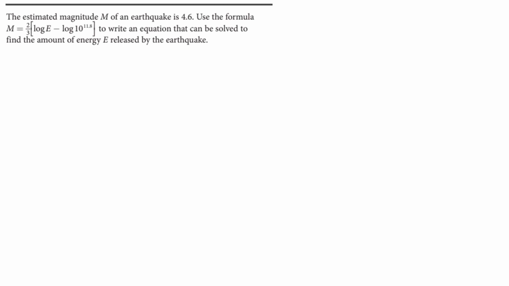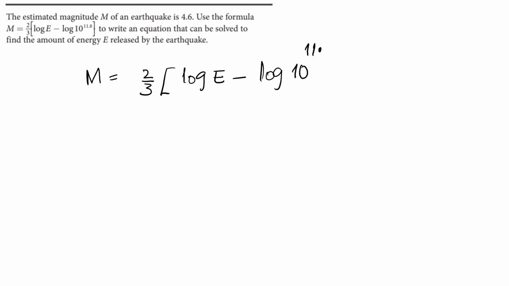Okay, now the estimated magnitude capital M of the earthquake is 4.6 and the formula for the magnitude is capital M equals 2 by 3 log of E minus log of 10 to the power of 11.8. Remember, if the base is written here and this 10 is written, they can also be cancelled out.